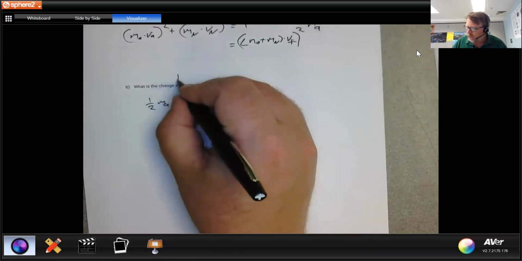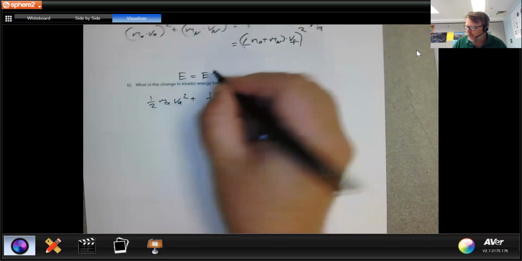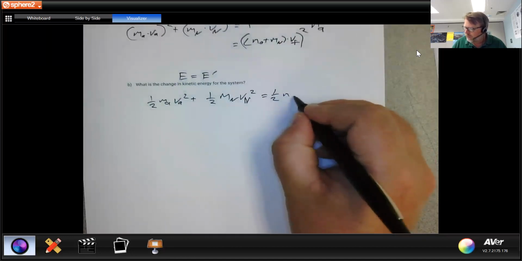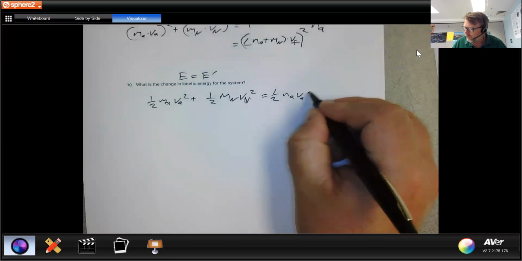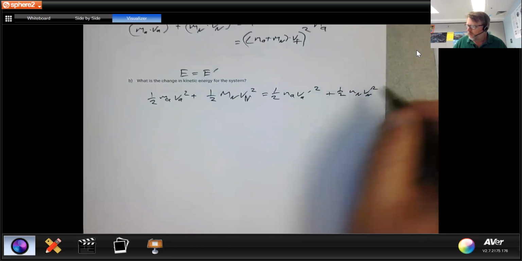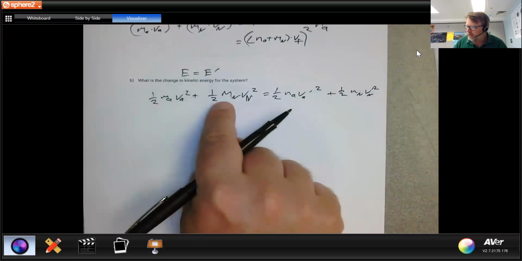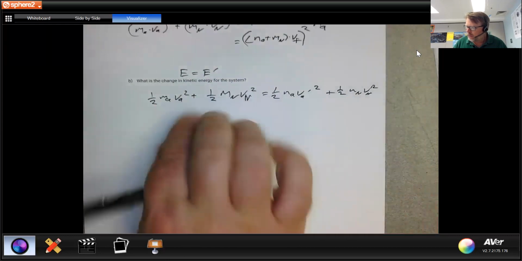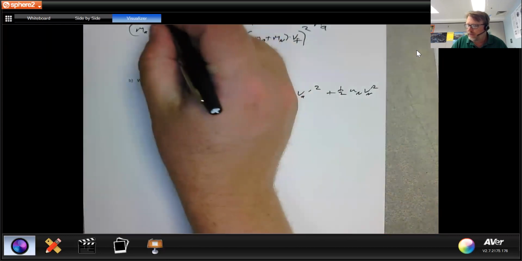Remember what I'm doing is E equals E prime. The masses stay the same, but we have our initial velocities.